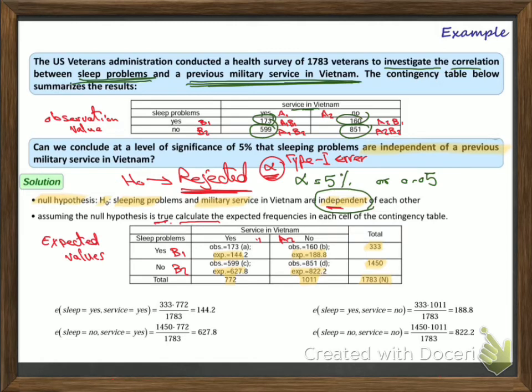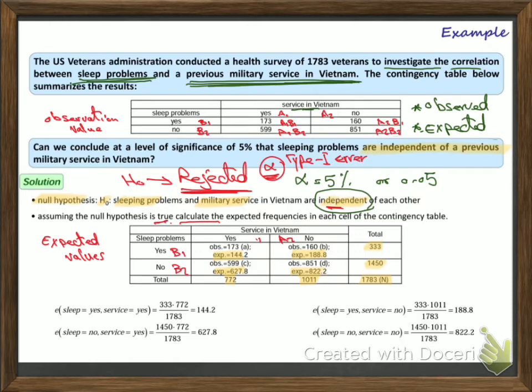So we have two values. One of them will be the observed value, which are these numbers given in the question, and the other one will be the expected values.